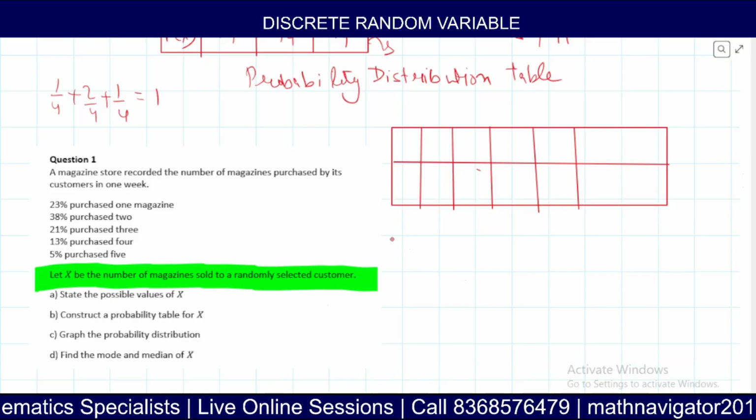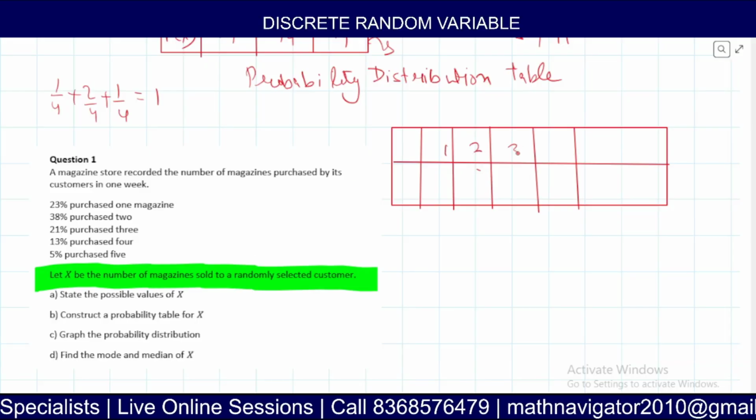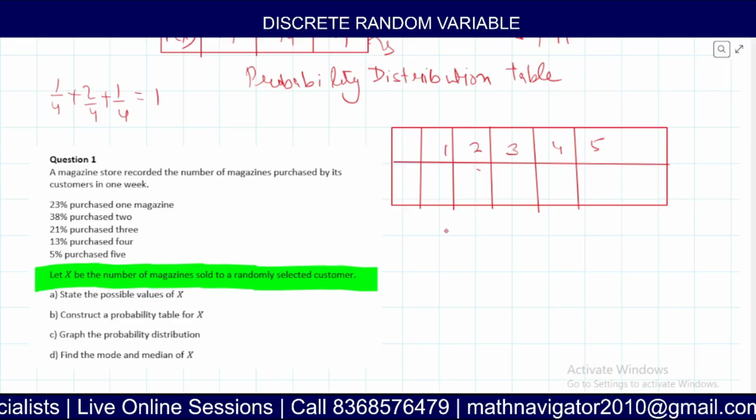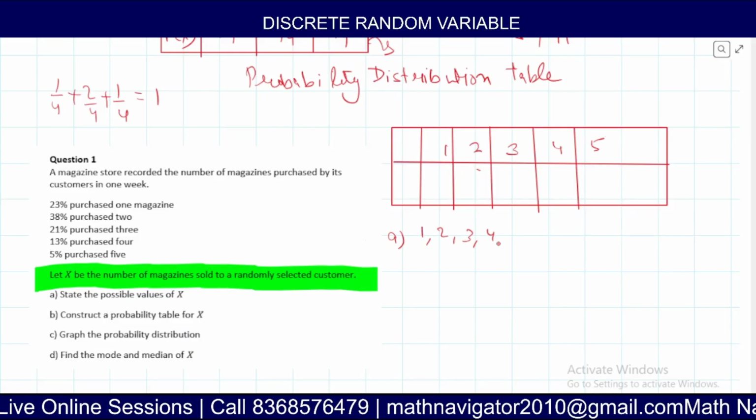Possible values of x is 1, 2, 3, 4, 5 magazines. So A is: it can be 1, 2, 3, 4, or 5.